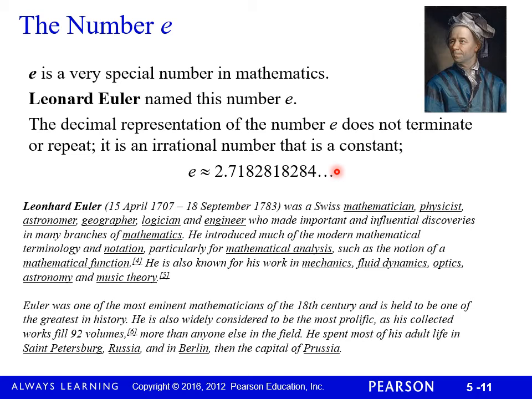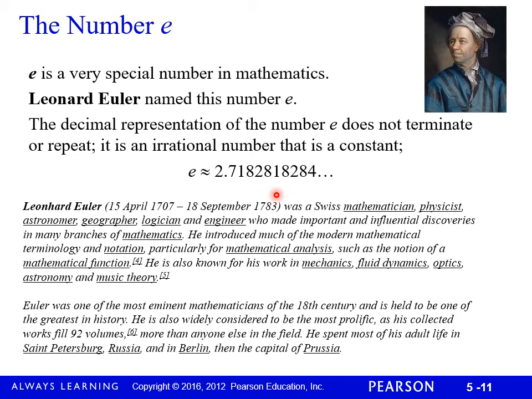So he was a Swiss mathematician. To me, it's amazing to think that exponents are not logical math. It's not easy to see how 2 cubed is 8 or whatever, to see patterns there.